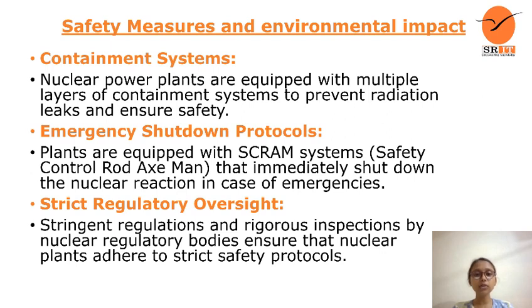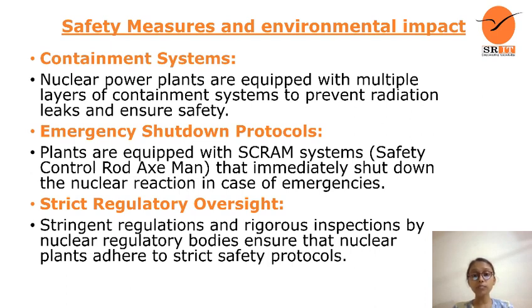Now let's talk about the safety measures and environmental impact. This slide mainly discusses safety measures, that are the containment systems. Nuclear power plants are equipped with multiple layers of containment systems to prevent radiation leaks and ensure safety. Emergency shutdown protocols.